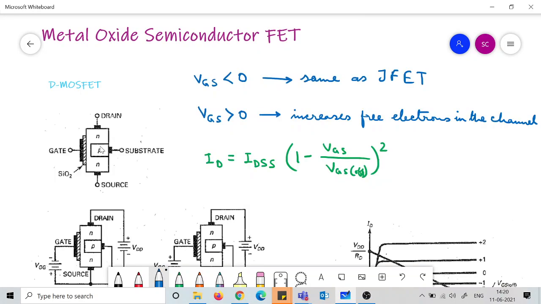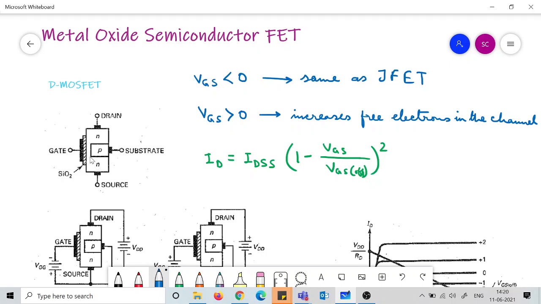As they flow here, this narrow region which was there for the flow of the electrons also expands, this narrow region increases.